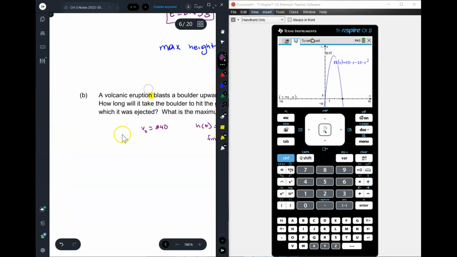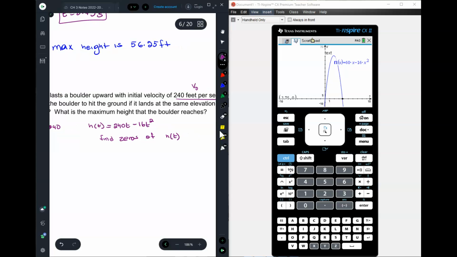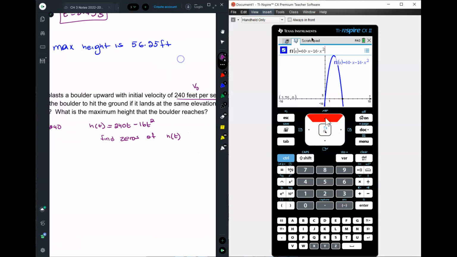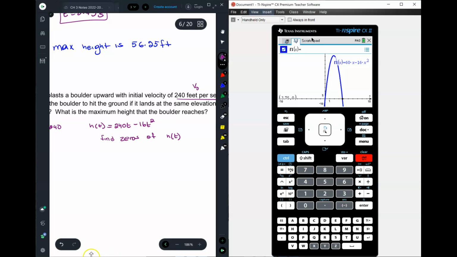So now, let's go to here. Tab. Go up. 240x minus 16x squared.